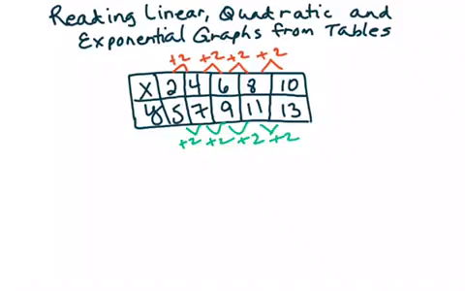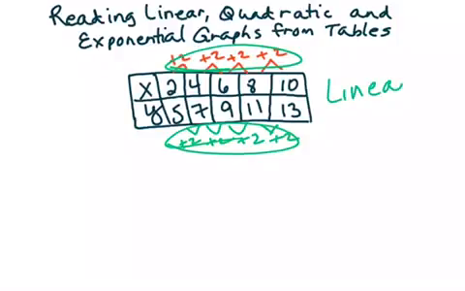Because this is constant and because this is constant, they happen to be the same, but they don't have to be. This could have been +3 or +4, plus whatever. But because it's a constant, this is just a linear graph.